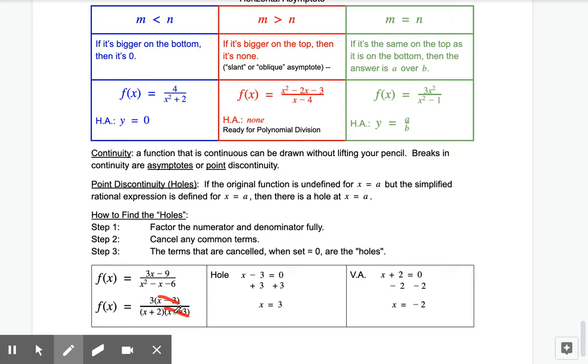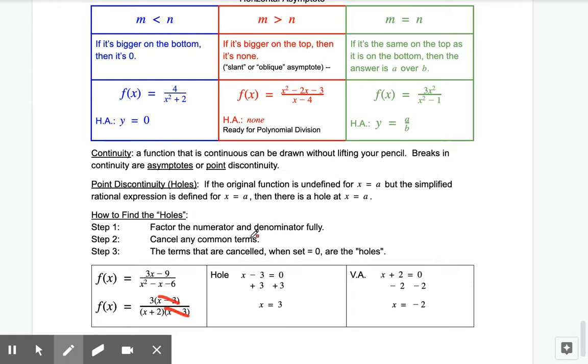If we substitute in a positive 3, 3 minus 3 is 0. This whole function would be undefined. However, because we have x minus 3 in the numerator and the denominator, they cancel out. So after we've simplified it, it is defined for x equals 3.